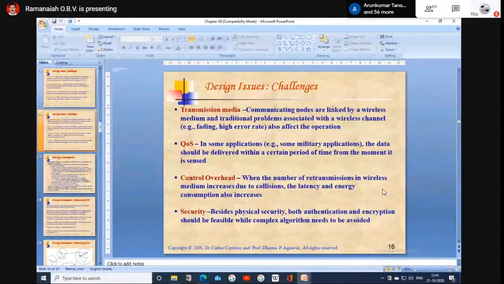Because probably you want to spy on the enemy, you cannot employ humans there to safeguard the network. It is to be unattended by humans. So the network is just deployed there. So then what about security?